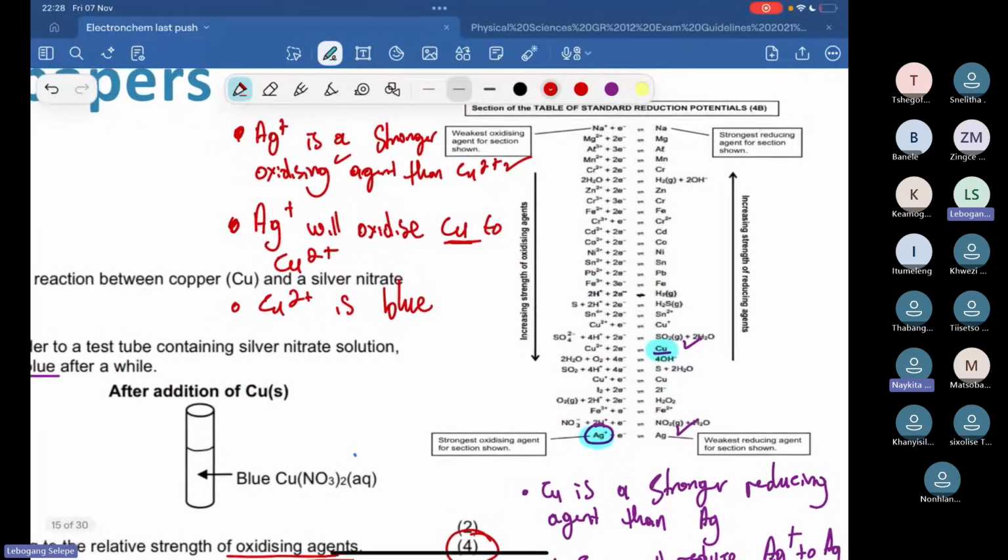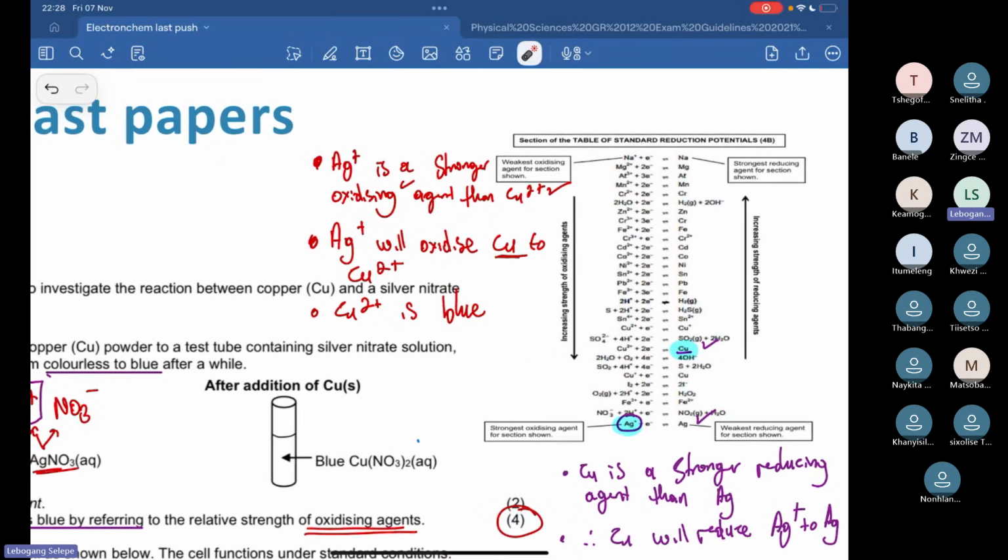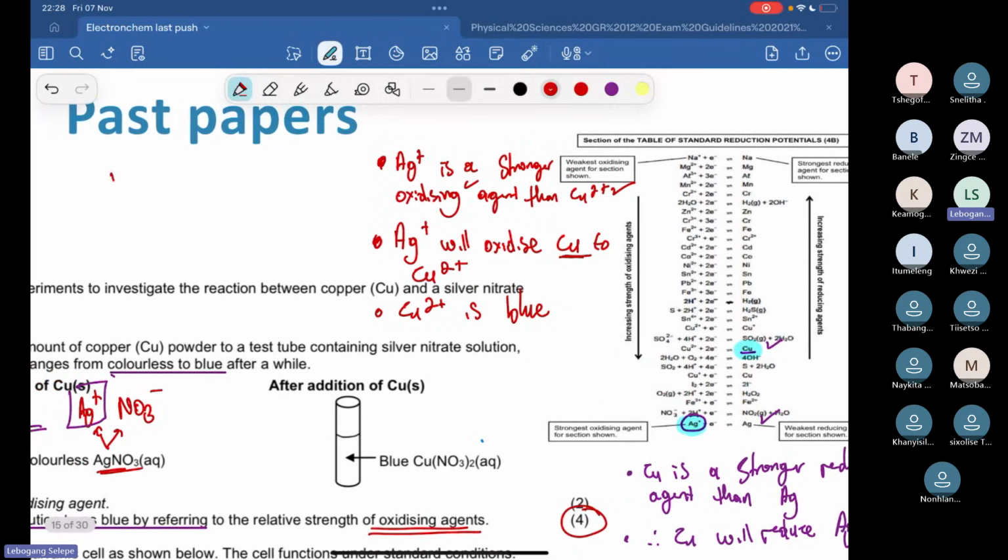Which one do you use? Normally we go with Cu2 plus. But in a case where the half reaction shows you Cu plus, it means that you're going to go with that half reaction.